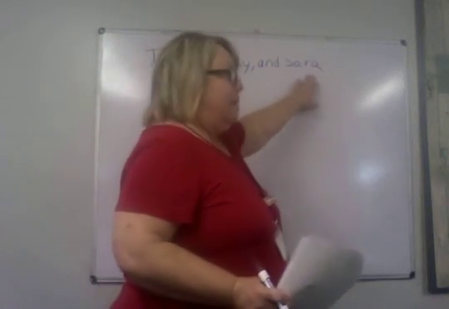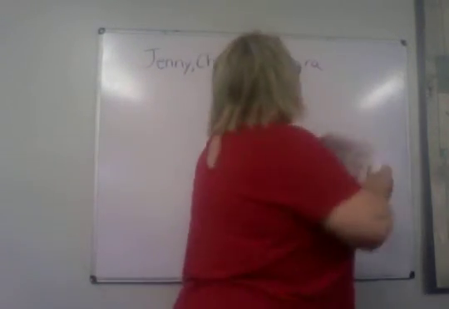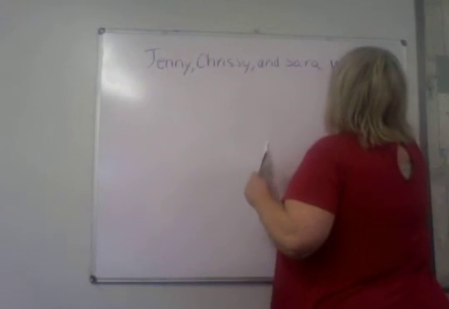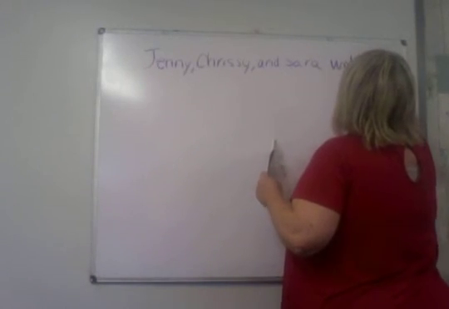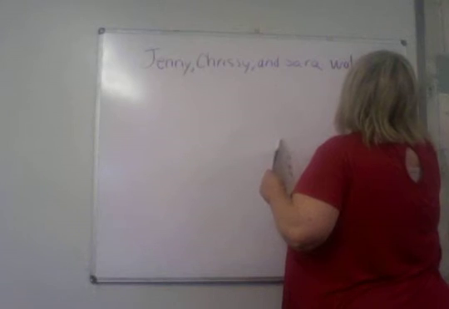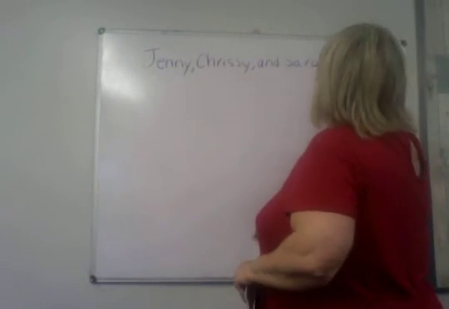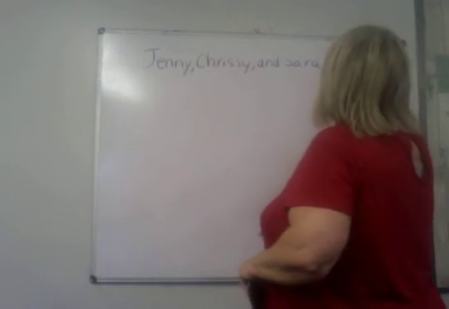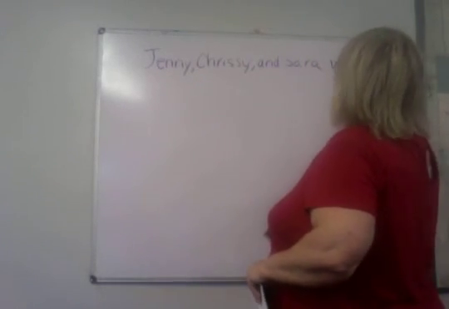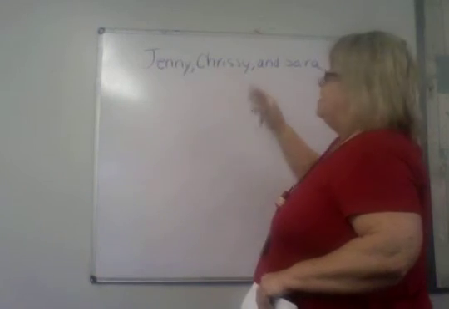You don't use a comma before the rest of the sentence. Watched a video. So basically this sentence is saying Jenny watched a video, Chrissy watched a video, and Sarah watched a video. That's what the commas do for you.